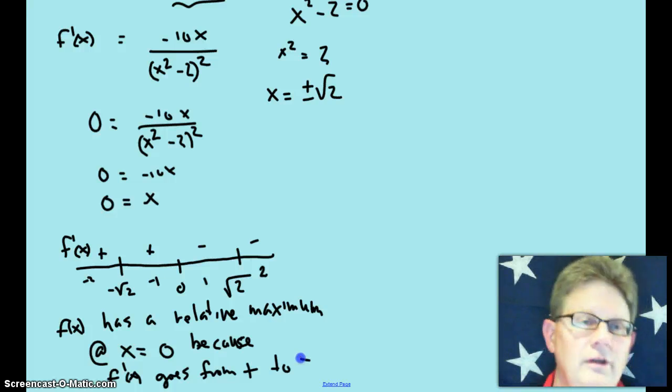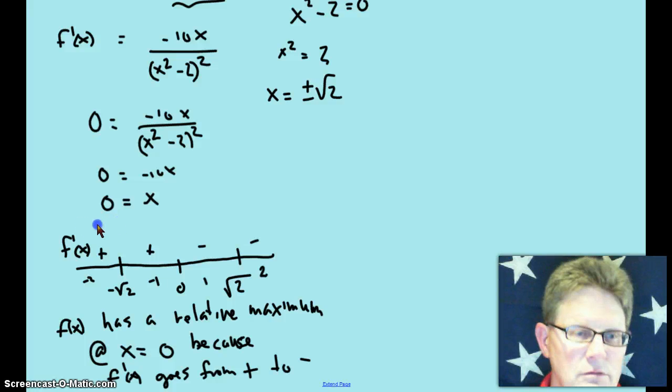That's all it is. Seems pretty straightforward. This will end Applications of Derivatives Lesson 4, Finding Relative Extrema.